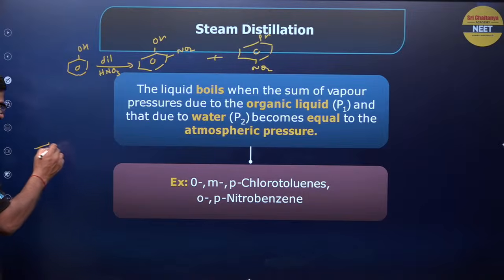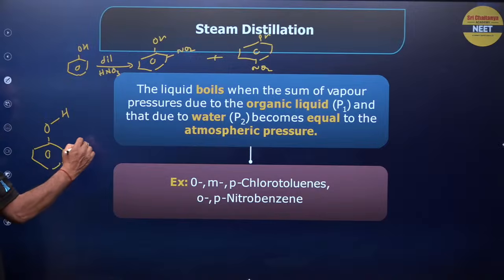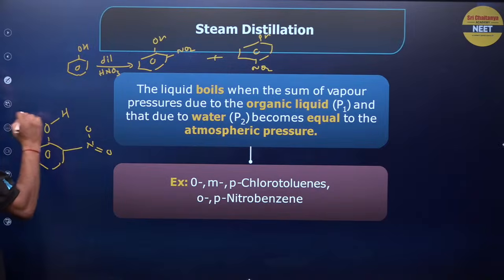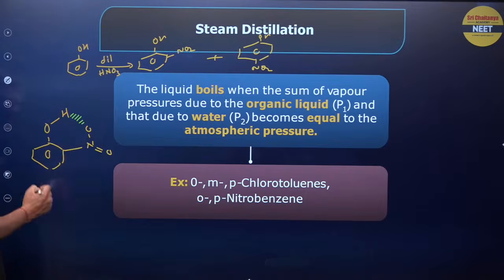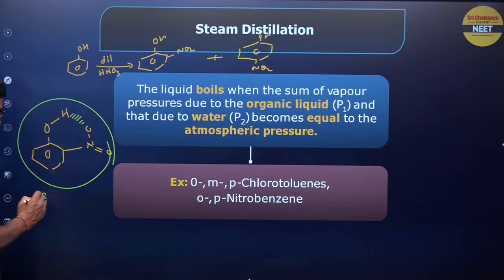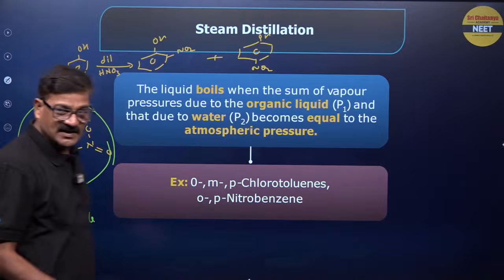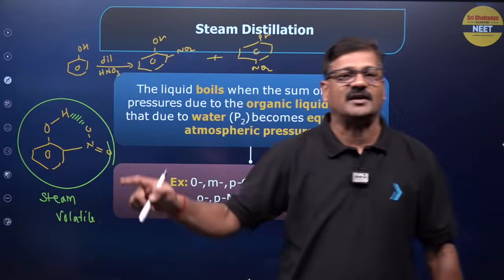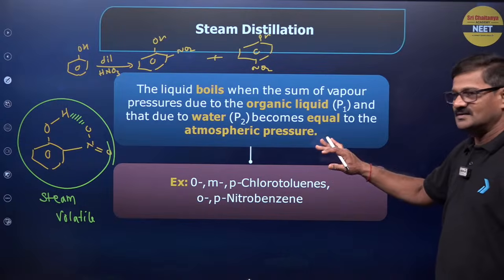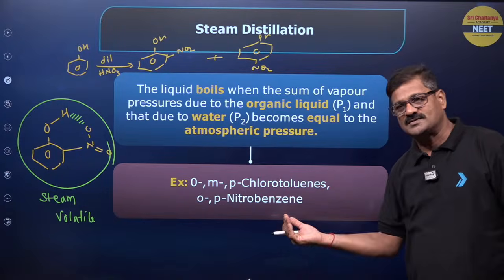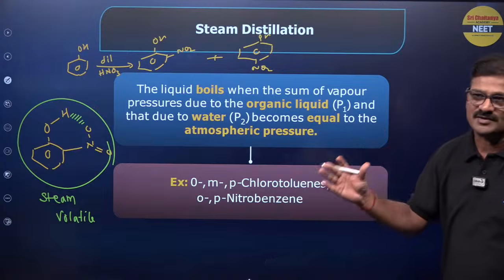If you check the structure of orthonitrophenol, you get intramolecular hydrogen bonding, so it is steam volatile. Steam volatile means it is going to evaporate along with the steam. Similarly, orthonitrobenzaldehyde and para-nitrobenzaldehyde can be separated.